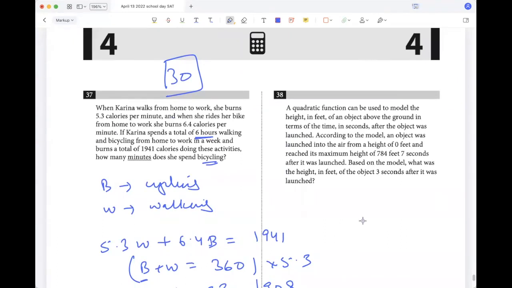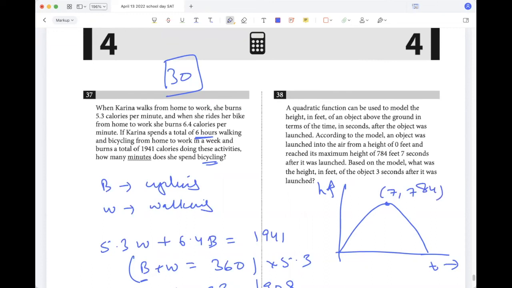So this would look something like this, right? A parabola where this is the height and this is the time. And the vertex is given to us, right? 7, 784, because it reached its maximum height 7 seconds after it was launched.